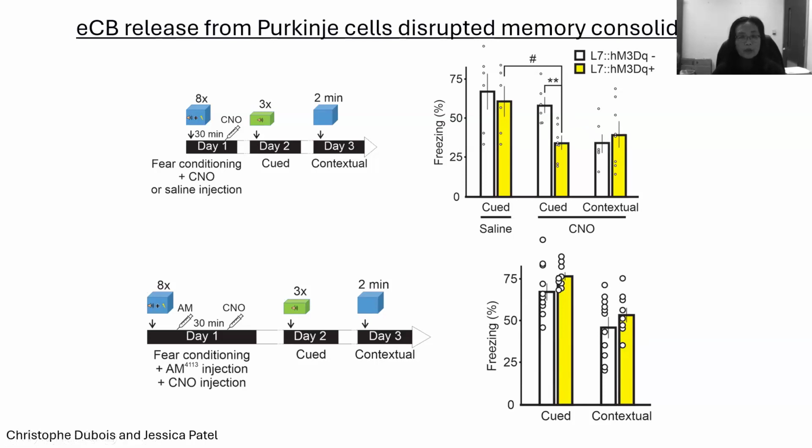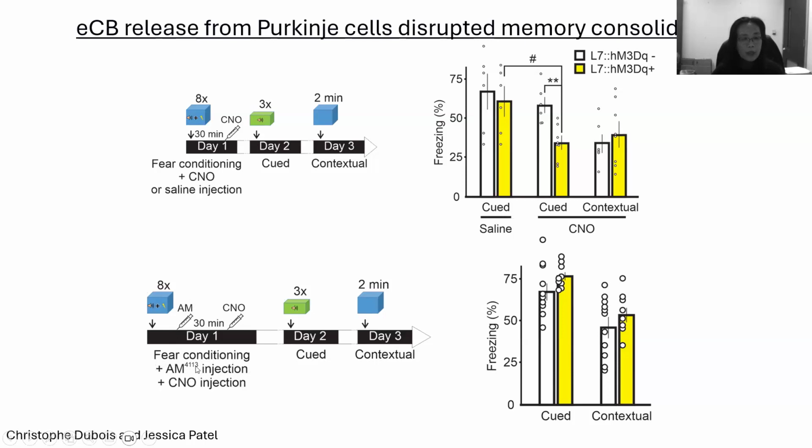Another possibility is this burst activity of Purkinje cells can cause neuroplasticity downstream of Purkinje cells and possibly even outside of the cerebellum. So to test this possibility, Jessica actually injected the animal with a CB1 endocannabinoid receptor neutral antagonist.